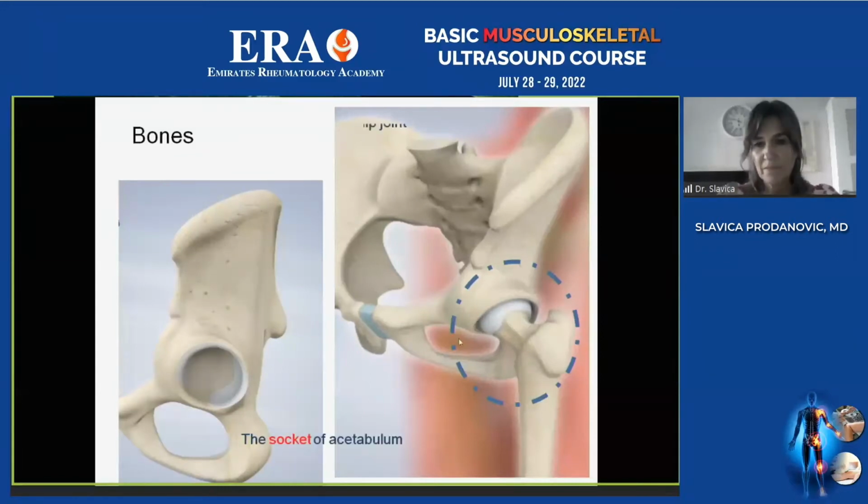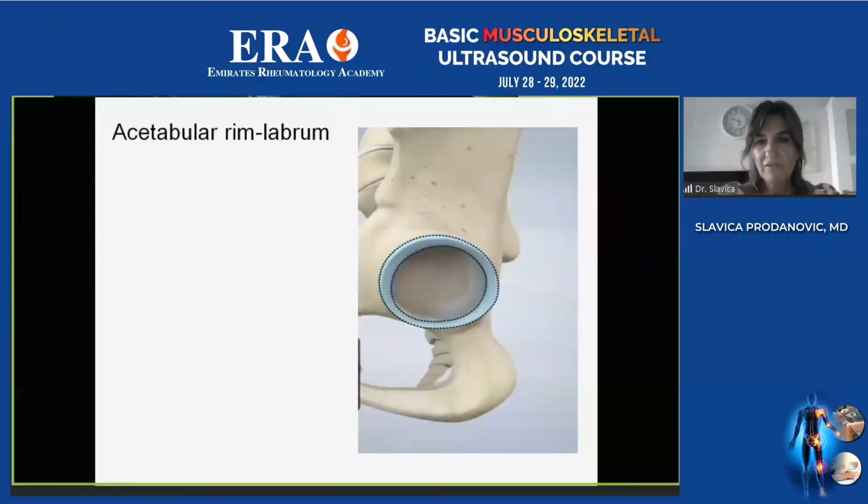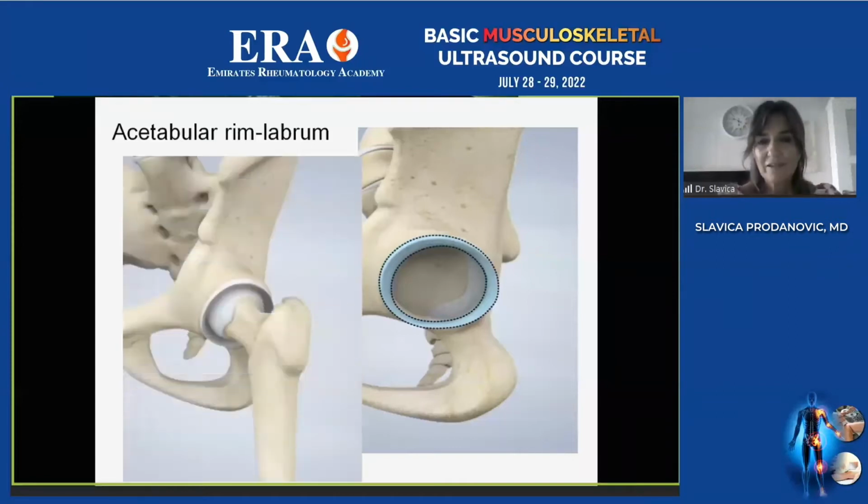As you can see, both articular surfaces are covered with a big amount of cartilage, and we have an additional layer from the external side called the acetabular labrum, so that this joint could move smoothly in different aspects.